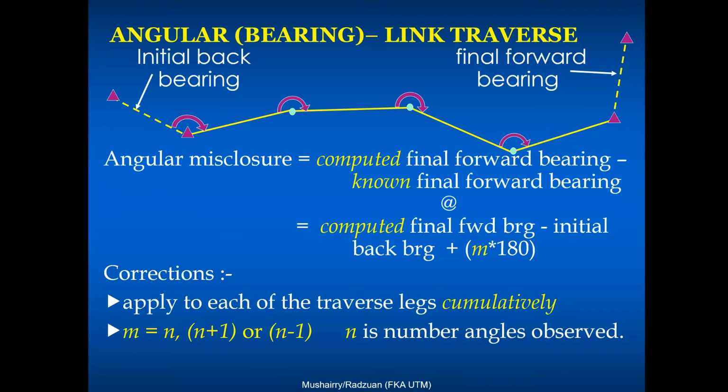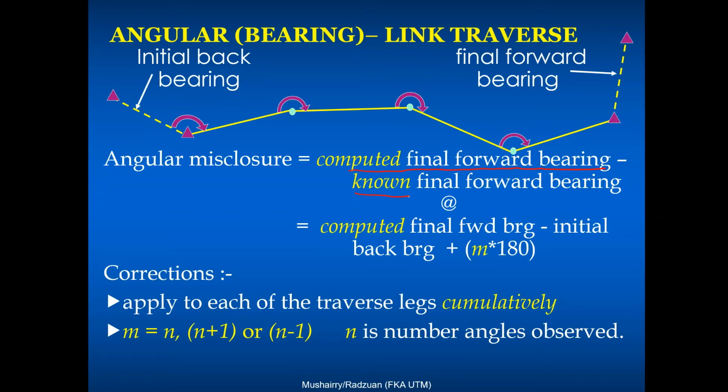Okay, for a link traverse, there are 2 ways of doing this. You compare the computed final forward bearing, if you want to look at the bearing rather than the angle, against the known final bearing.